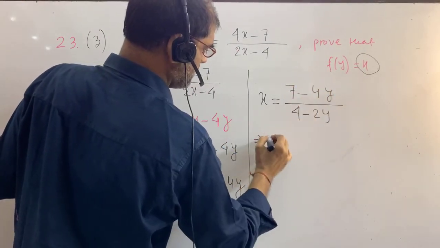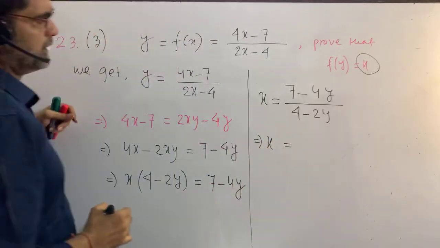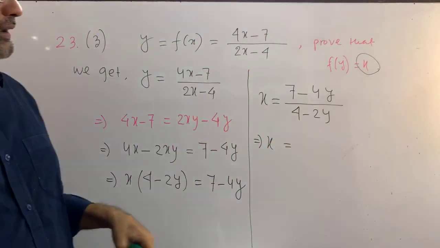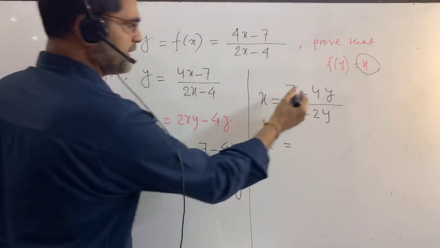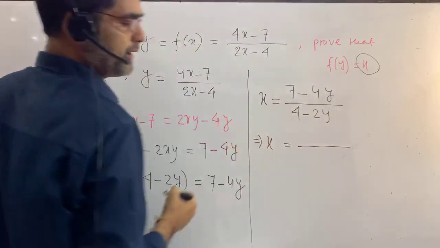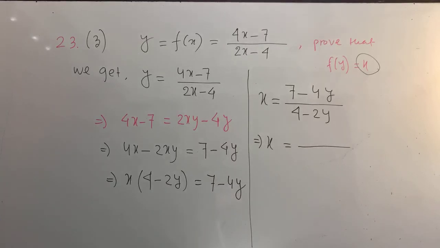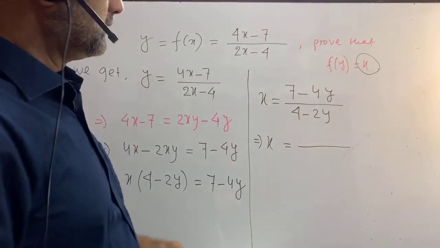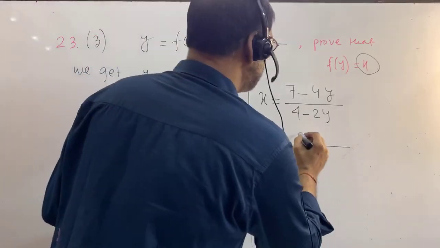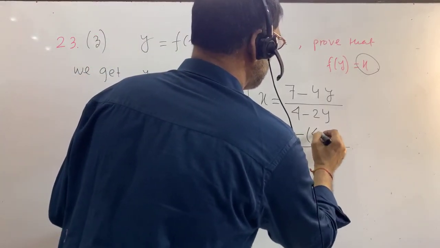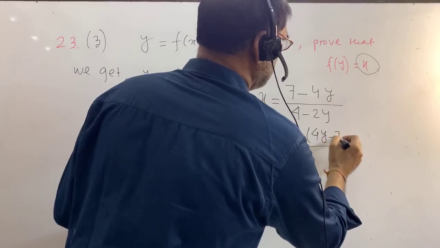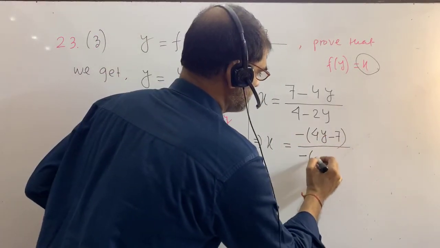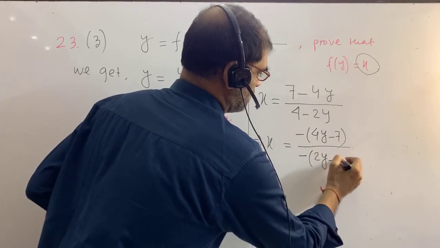Now you see this, it is 4x minus 7, 2x minus 4. If I take a minus common in the numerator and also a minus common from the denominator, then what will be there? Minus (4y minus 7) and here minus (2y minus 4).